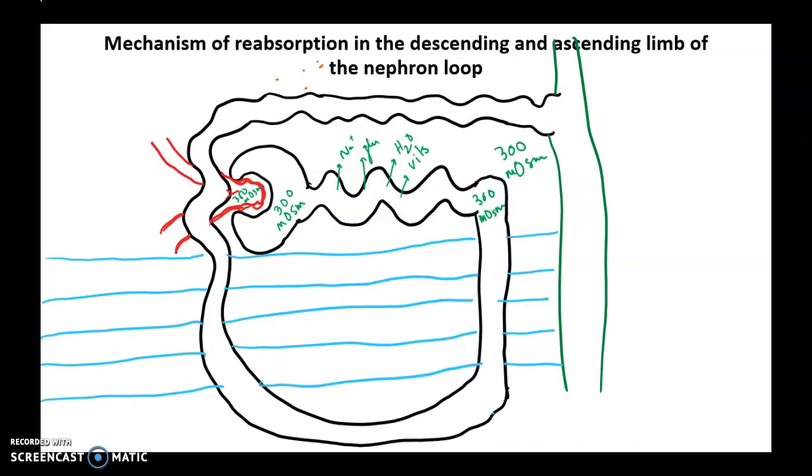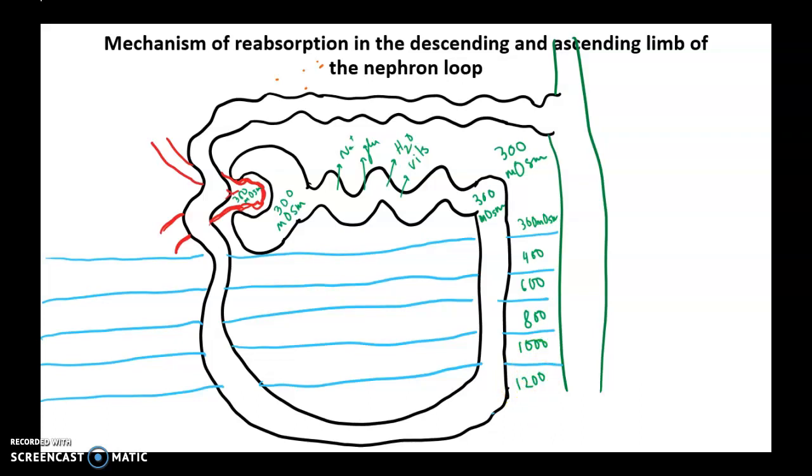So I will just draw the concentration gradient here. This part is 300 milliosmoles. This is 400. This is 600. This is 800. This is 1000. And this is 1200 milliosmoles. I'm not writing milliosmoles all the way down.